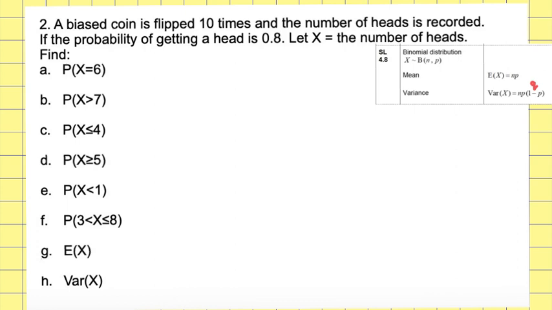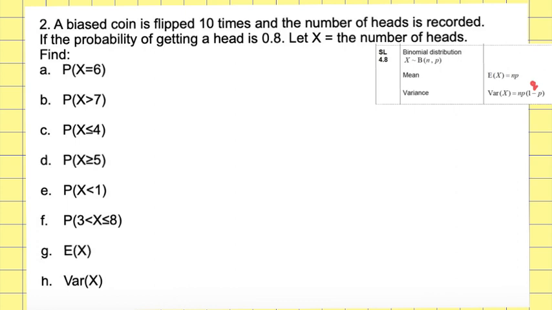So in A, I want to find the probability that x is equal to 6. In other words, what is the probability when I flip this coin 10 times of getting 6 heads, exactly 6 heads.